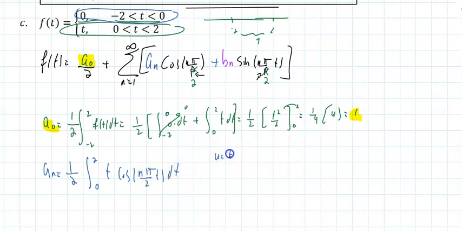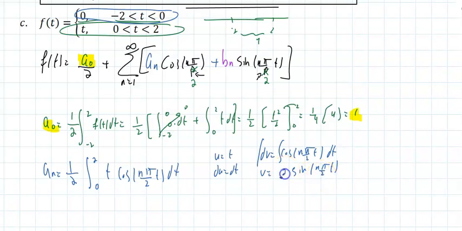Let u equal t, du is dt. Let dv equal the cosine of n pi over 2 t. If I integrate, v is going to equal the sine of n pi over 2 t, and if you divide by this, 2 over n pi.